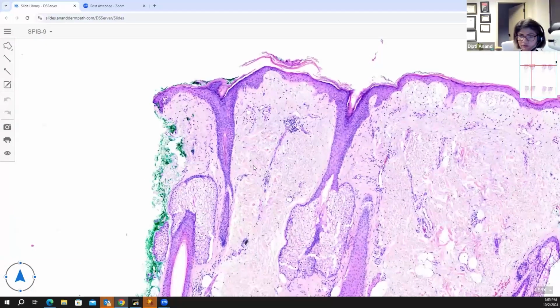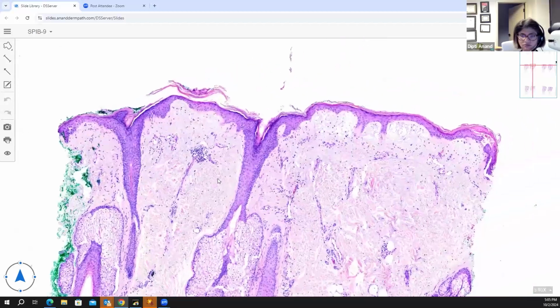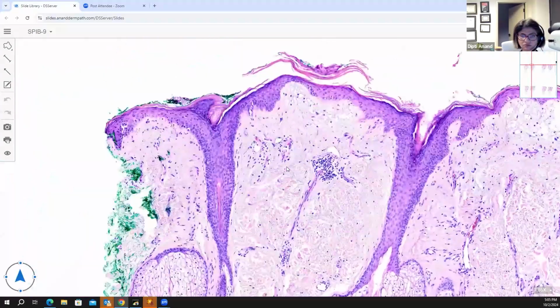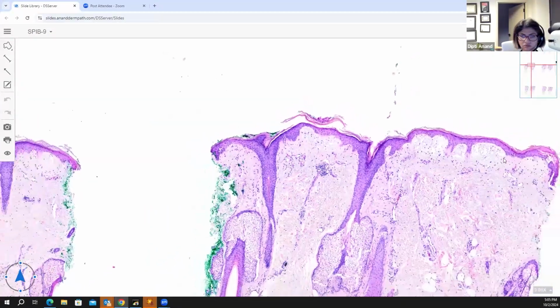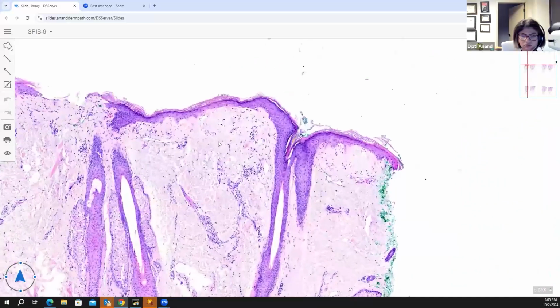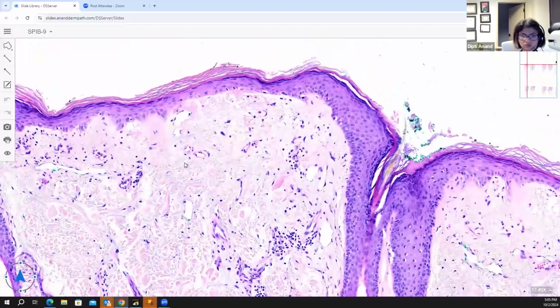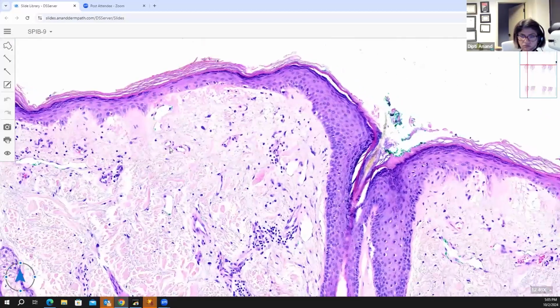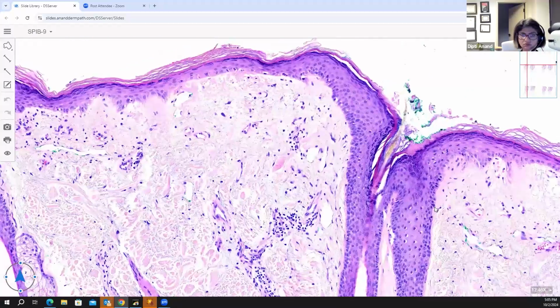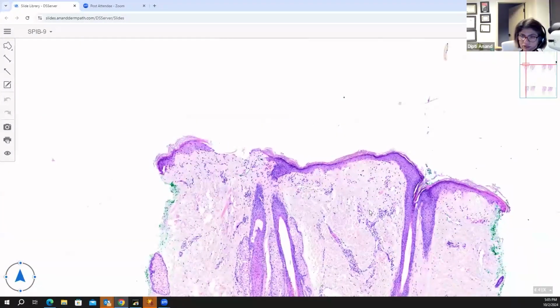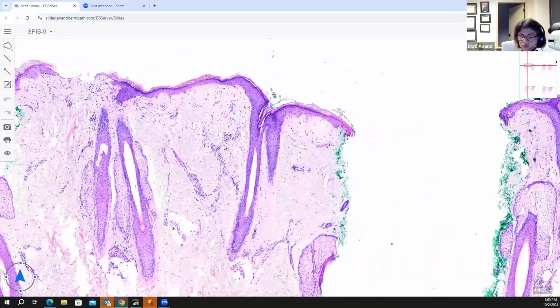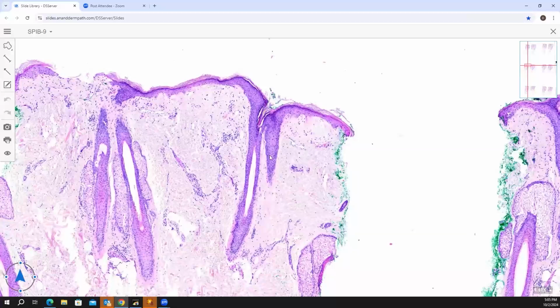So what do we think about this? Does the epi look normal? It looks thin.